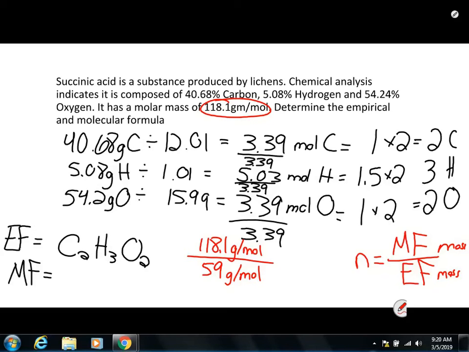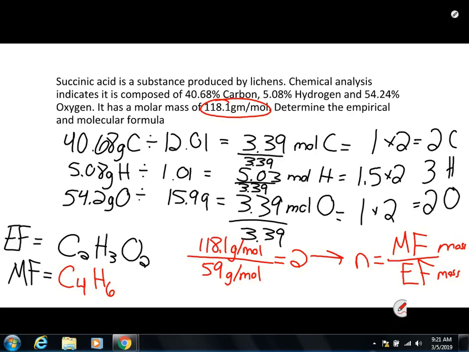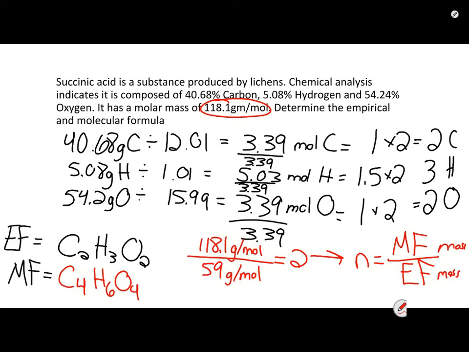If I divide 118 by 59, what am I going to get? 2. 2 is my N. To find my molecular formula, I'm going to multiply all of my subscripts by 2. So my molecular formula ends up being C4H6O4.